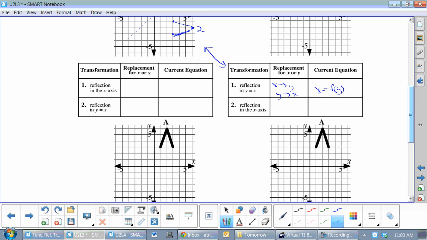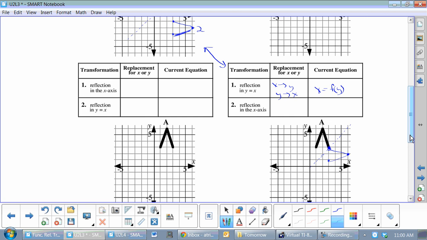Okay, now remember, here's my reflection line. So this is invariant. Okay, you can see this goes to here, and this down here. Okay, that's the reflection. Again, you just reverse the points. And then a reflection in the x-axis.